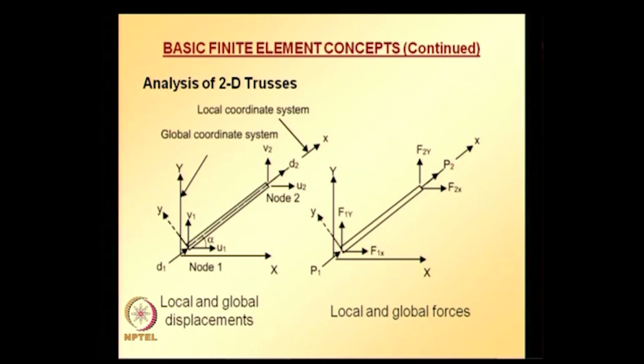All the truss elements in the model are referred to this global coordinate system, that is capital X, capital Y. The nodal displacements in the local coordinate system are denoted using small d1, small d2, and the corresponding applied forces are denoted using capital P1 and capital P2.